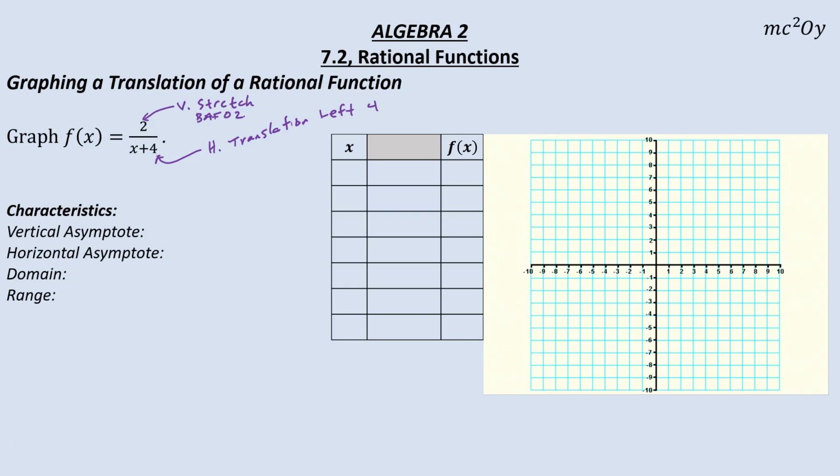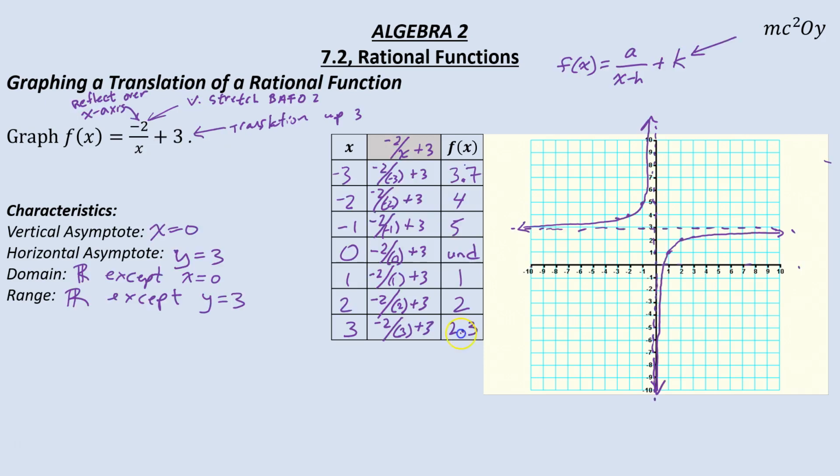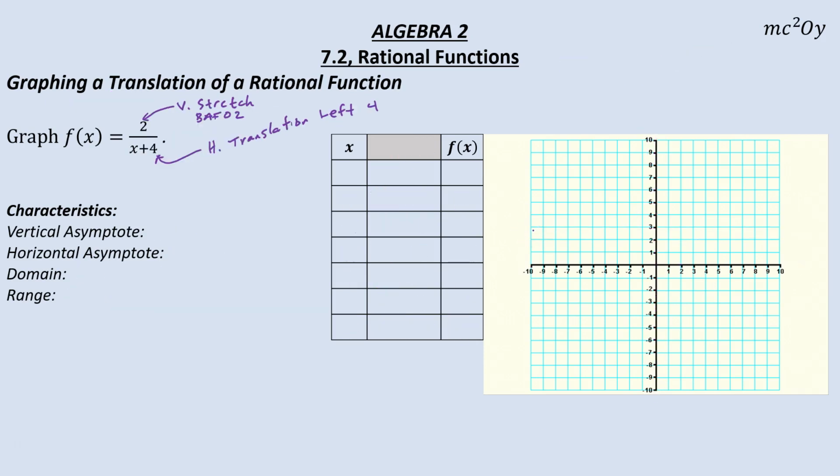Okay? So looking at this, we have 2 over x plus 4. I really don't like writing my fractions like I am here, but it's the only way I can really fit it.